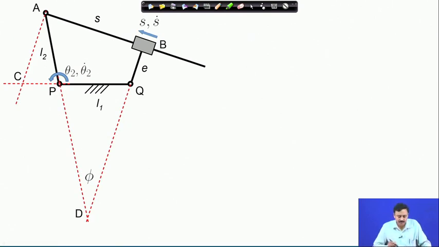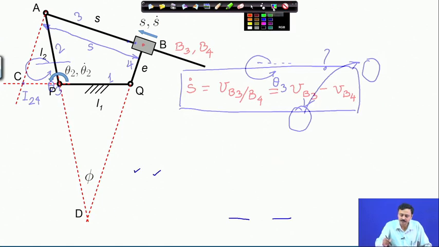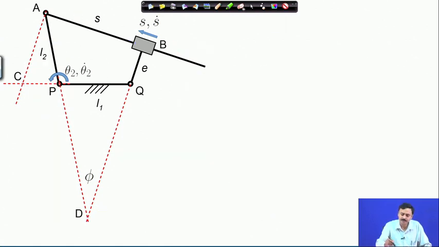Previously, we had also discussed the input output velocity relations using the method of IC, which we just reiterate here. So, we had used these two instantaneous centers of rotation. So, this point D was I 1 3. So, this is 1, this is 2, this is link 3 and this is link 4.